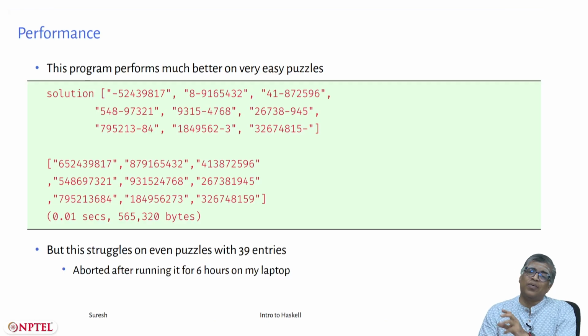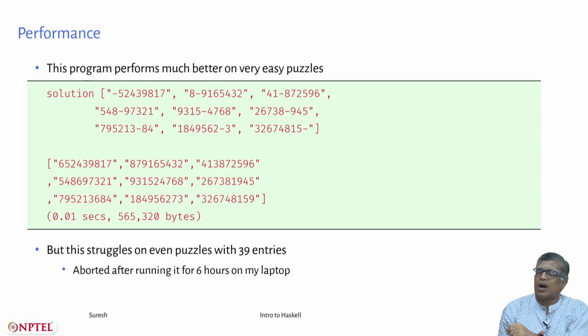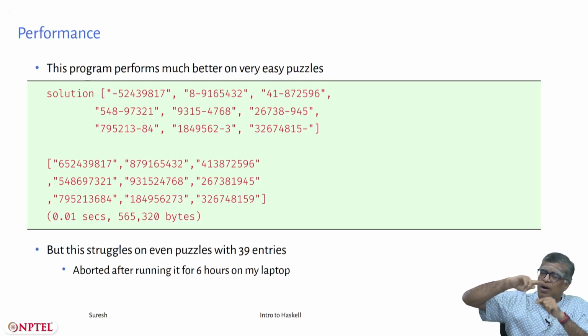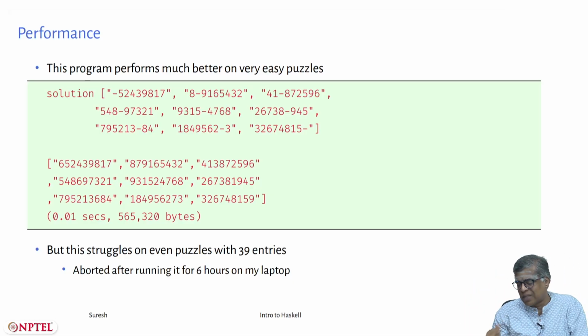Because even now what you are doing is you are pruning the set of choices, but still you are expanding it out and verifying each grid whether it is valid or not. Rather, what you should do is, after each expansion you should prune. You shouldn't expand all of it in one go, you should expand cell by cell and then do more and more pruning and you should proceed rather incrementally.